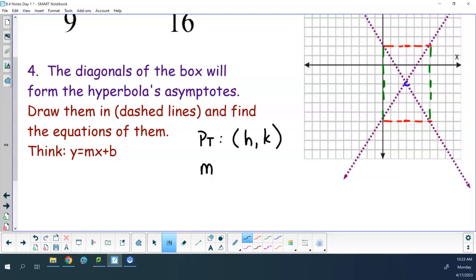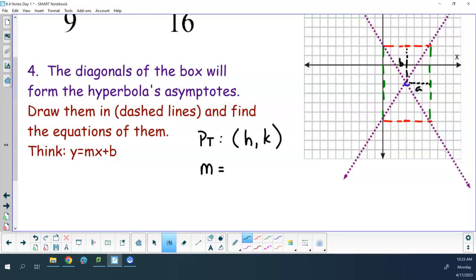The slope of both of the asymptotes, here's the other nice thing. Remember, you went up b, so this distance here is b, and then you went over a in both cases.